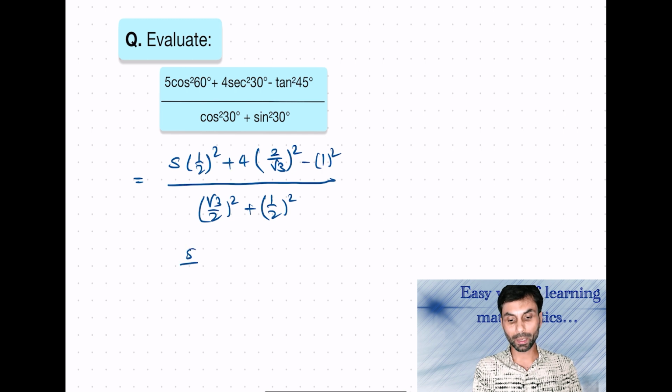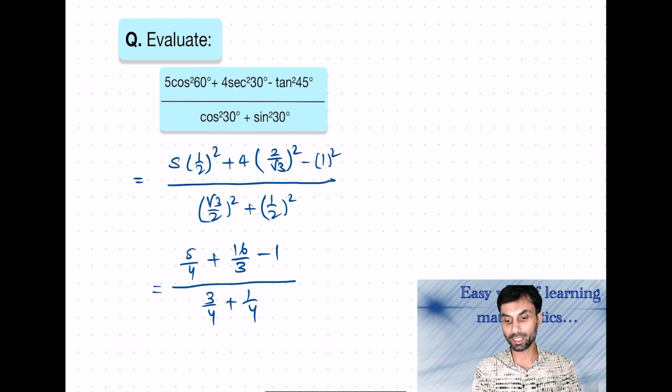So the numerator will become 5 upon 4, as 1 by 2 whole square is 1 by 4, plus 4 into 2 by root 3 whole square, that will be 4 by 3, it will become 16 upon 3, minus 1, upon, we will get 3 upon 4 plus 1 by 4.